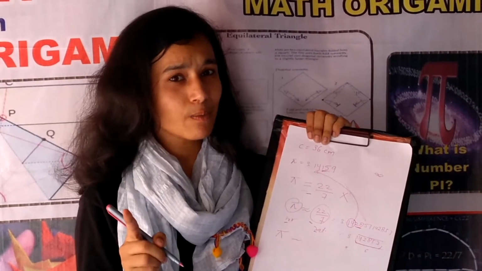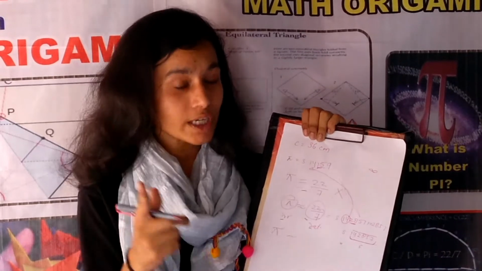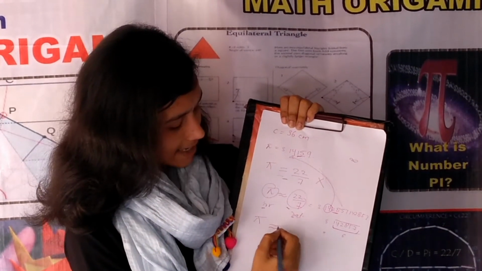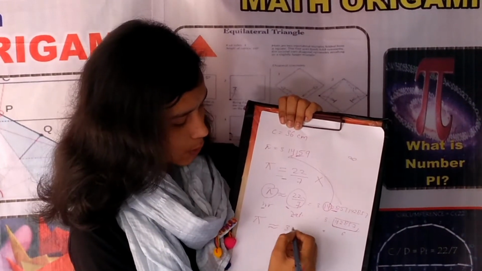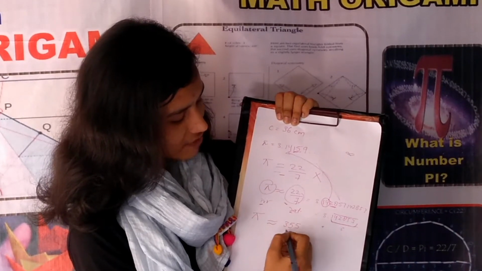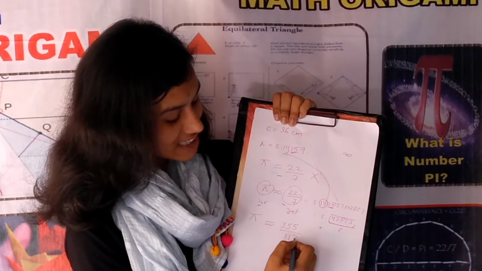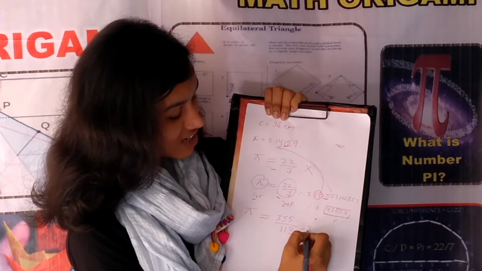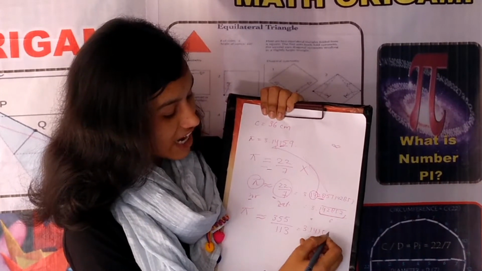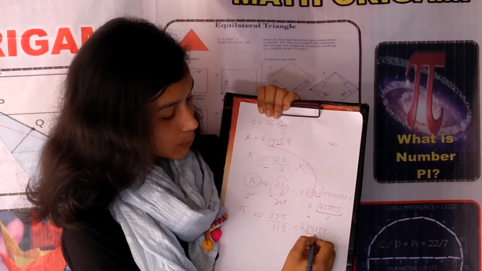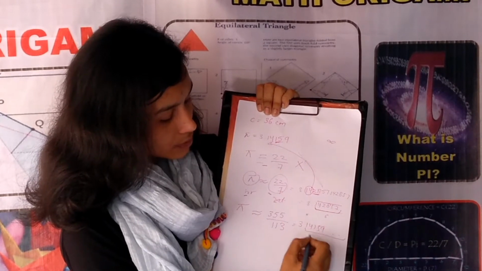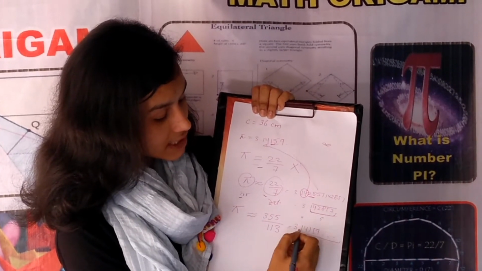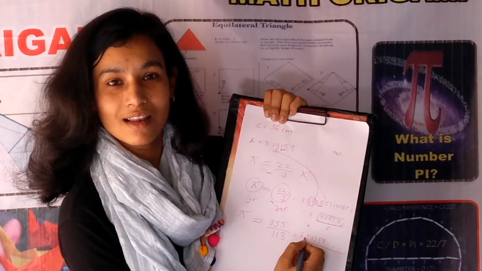This is an amazing point about pi which I am going to tell you: pi is approximated also by 355/113, which is 3.14159 and goes up without repeating to 112 digits after the decimal.